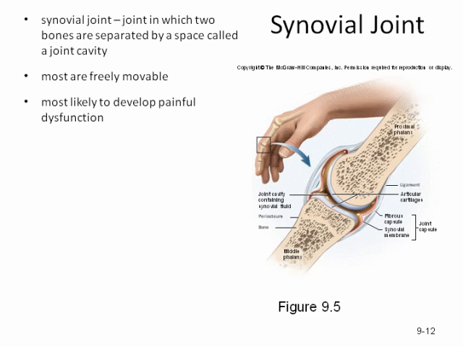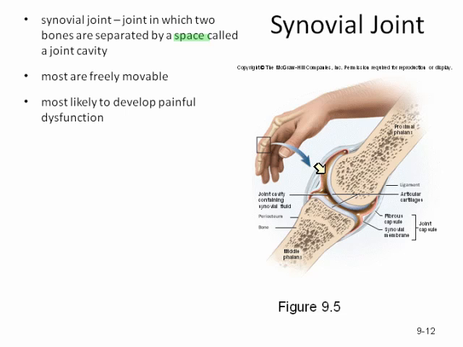But in the synovial joint, we actually have a space that is developed. The bones are actually separated by a space, what we call a synovial cavity or a joint cavity. And you can see that right here. Right? You can see that there is a space.